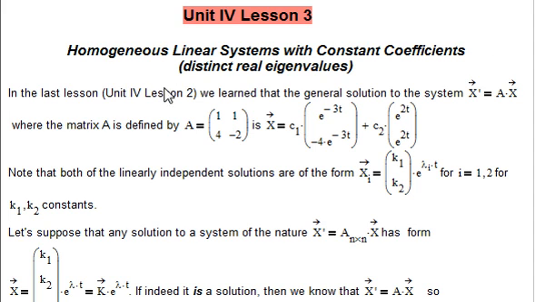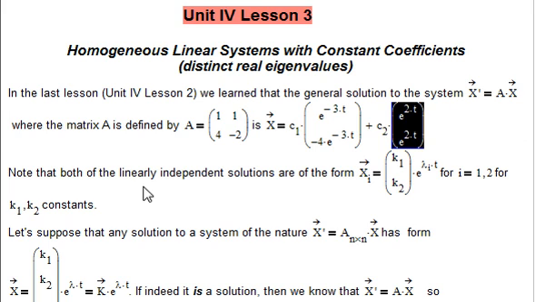So, we learned that the general solution of a homogeneous system is a linear combination of vectors that are solutions of the system.